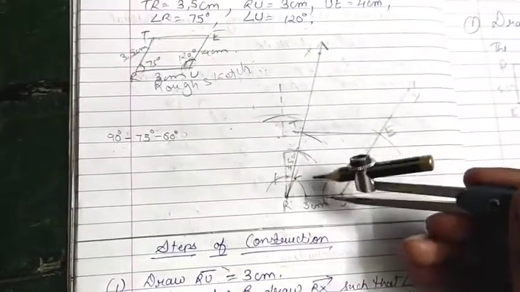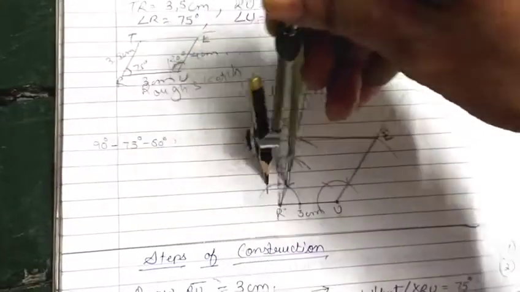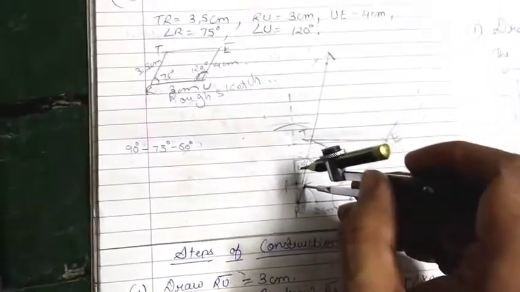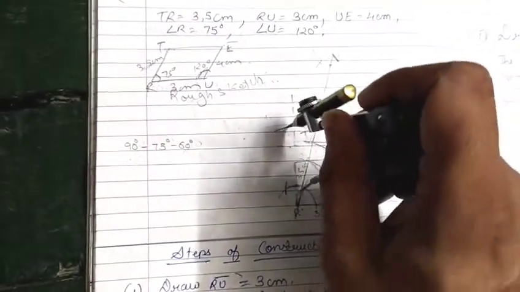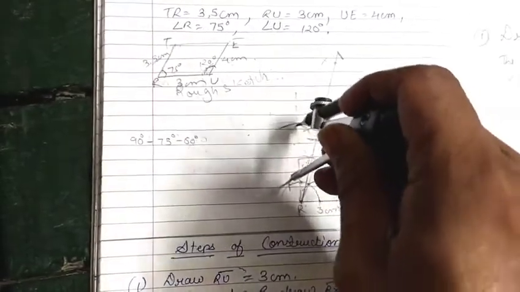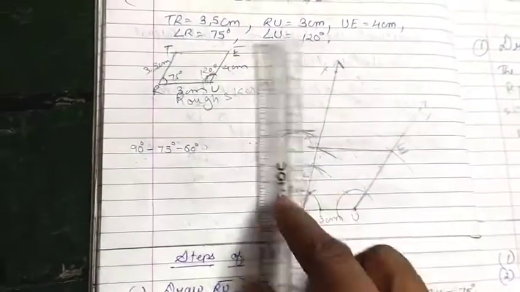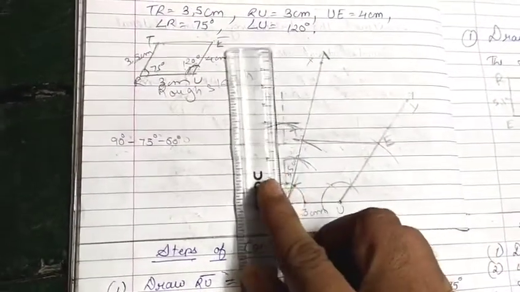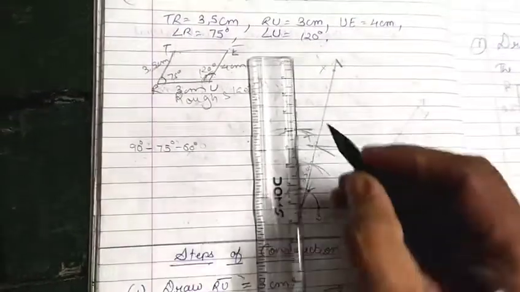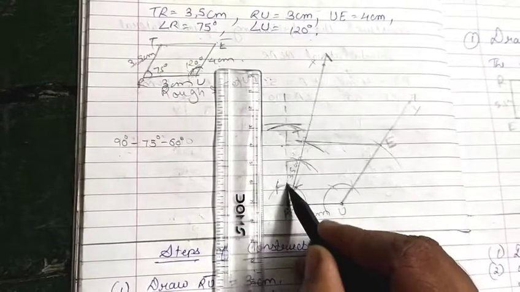The first cut will give 60 degree, the second cut will give 120 degree. Then between 60 and 120 you will get 90 degree. Now try to draw that 90 degree. Draw one dotted line, so that you should know it is a 90 degree.